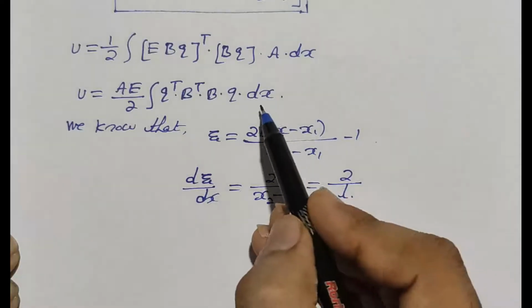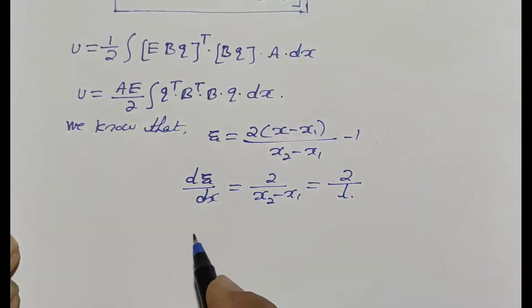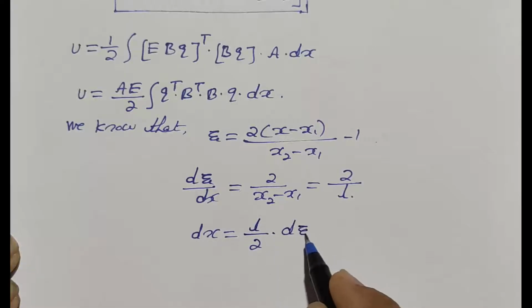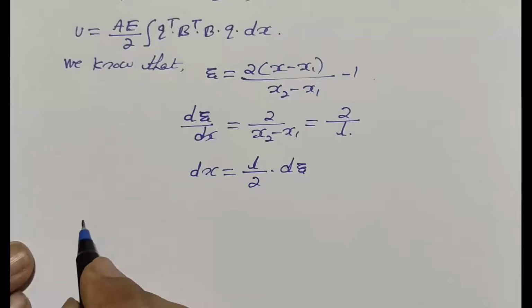Here I need dx, so if I cross multiply, dx will be equal to L by 2 into d zeta.